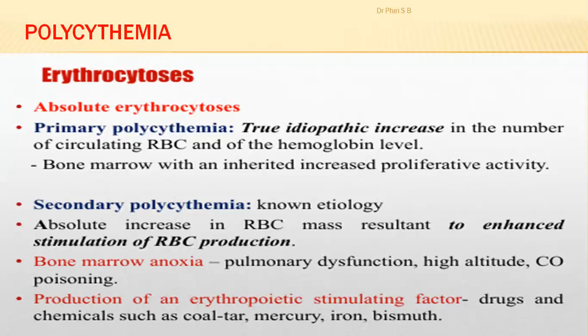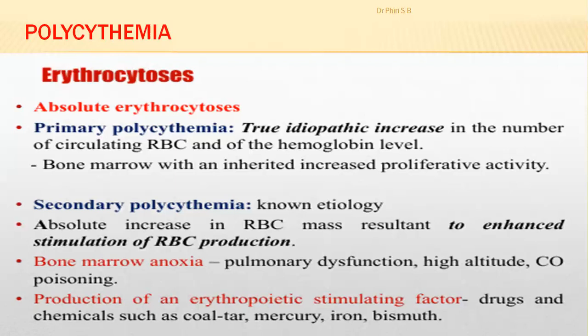So in polycythemia, the primary polycythemia or polycythemia vera is whereby you have a mutation in the proteins, and these proteins are called the JAK and STAT proteins. The JAK, these are Janus kinase 2 proteins, and the STAT proteins are signal transducers and activator of transcription.